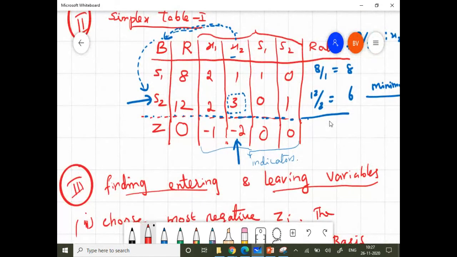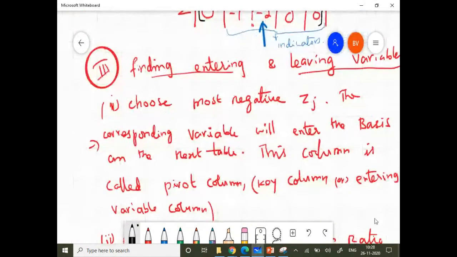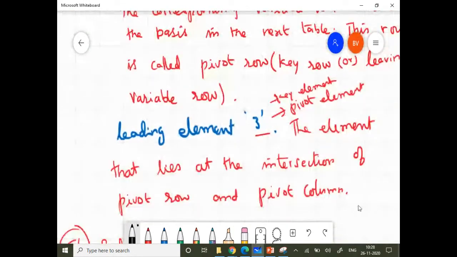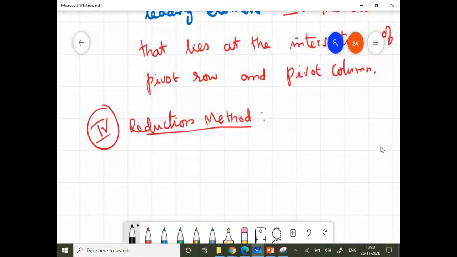This matrix from 8, 12, 0 to 0, 1, 0. There are 3 rows, 5 columns. All these elements will be our new matrix for the reduction method, and the reduction method will be applied only on this pivot column, right?